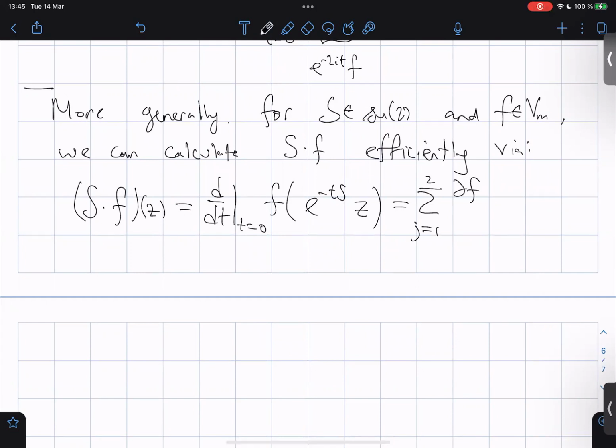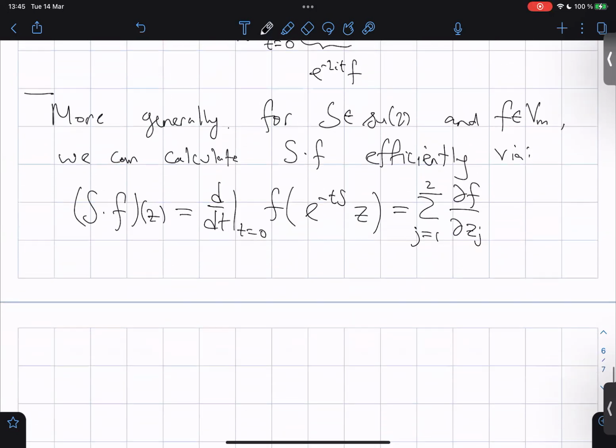I take a derivative with respect to the first slot of F, and then I differentiate what's in the second slot, the jth slot. This is just the chain rule, and I want to evaluate everything at t equals 0.